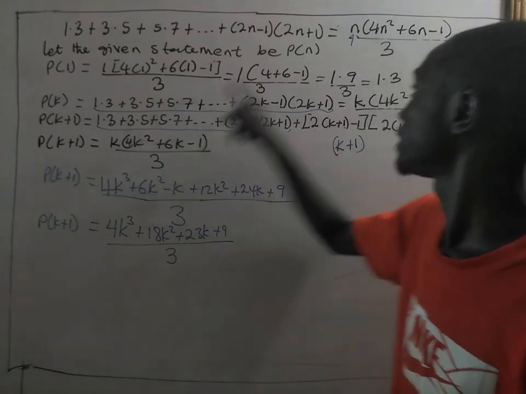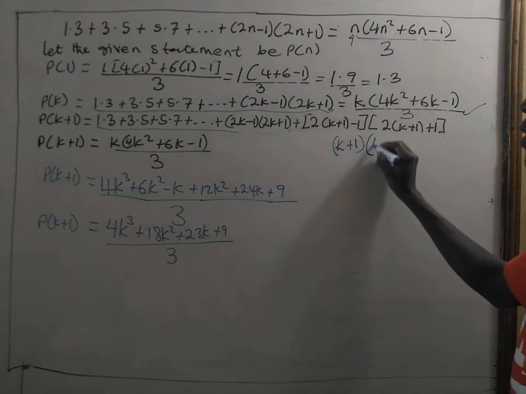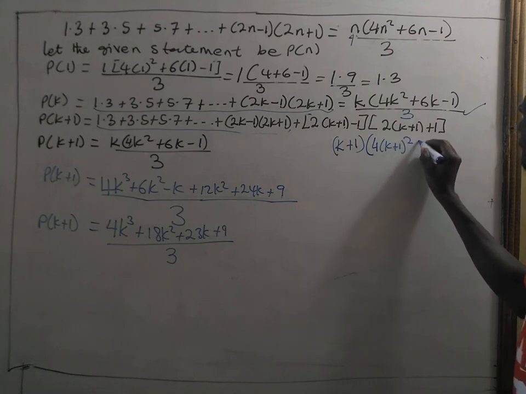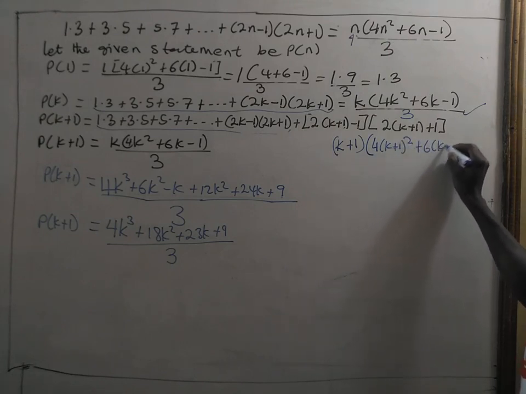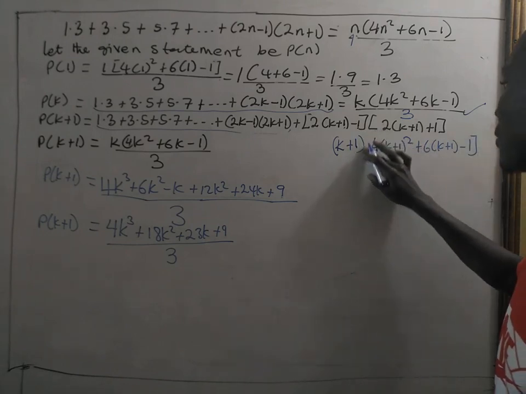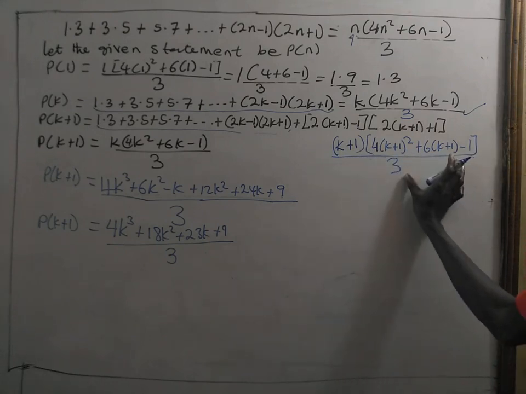So we want to prove that here you have k plus 1 times 4 times k plus 1 squared plus 6 times k plus 1 minus 1, all divided by 3. This is what we want to prove.